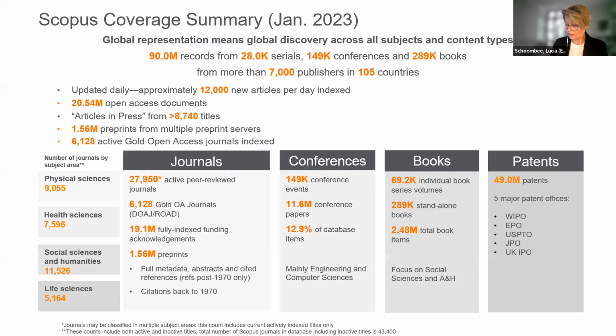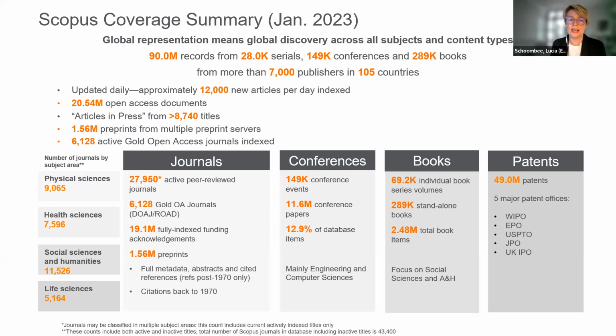So just to give a little bit more detail about what is covered, you can see that we are covering all the broad subject areas, physical sciences, health sciences, social sciences, as well as life sciences, and not only journal articles. Journal articles are the most prevalent publication type, but also covering conferences, conference proceedings, almost 12 million conference papers available in Scopus, as well as books and patent information.